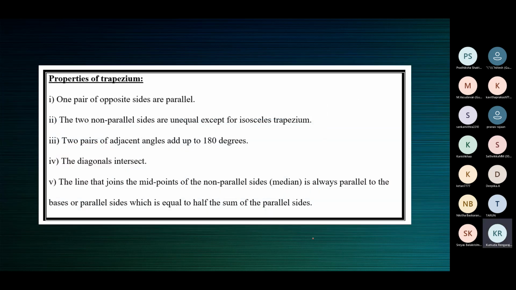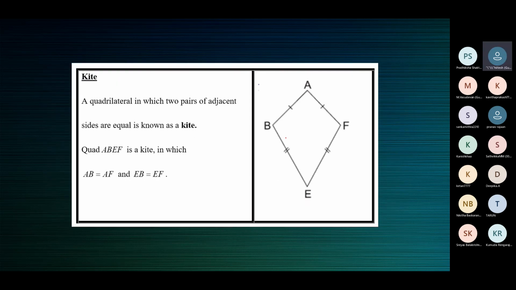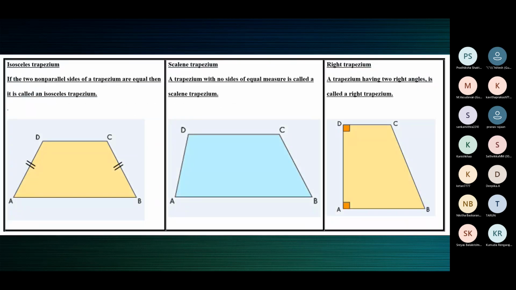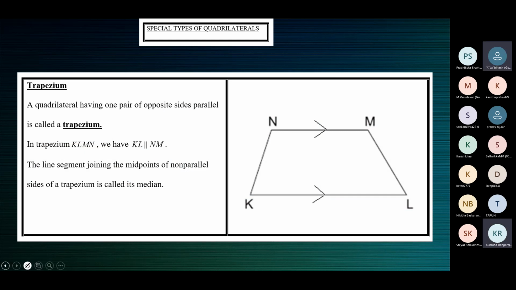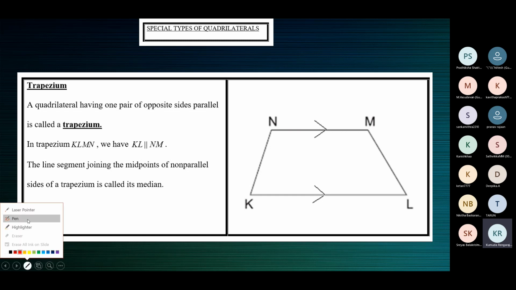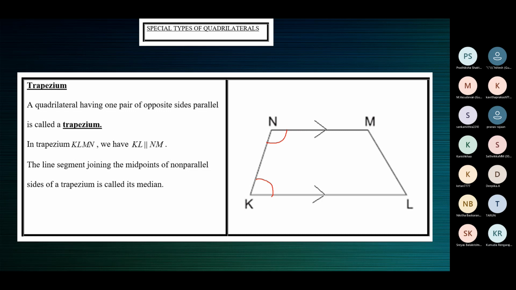Two pairs of adjacent angles add up to 180 degrees, because we have a pair of parallel lines. See here, this is one pair, and this pair of adjacent angles add up to 180 degrees.